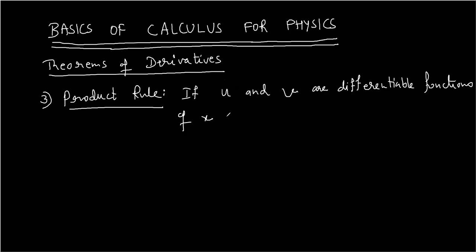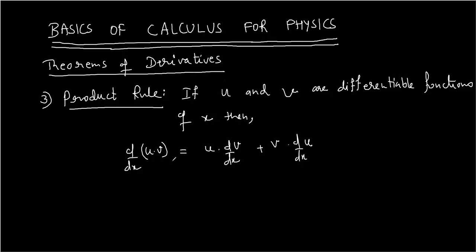Further, if u and v are differentiable functions of x, then d by dx of u into v, what will this be? It will be u d by dx of v plus v d by dx of u.